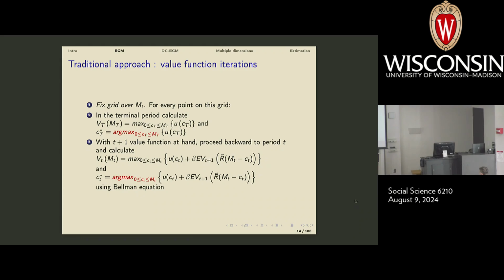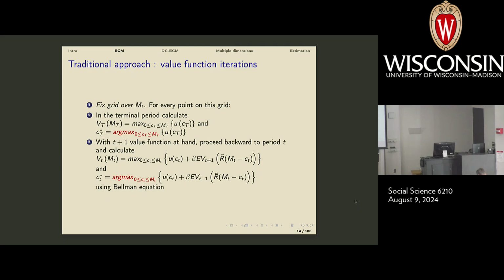Here it's a different story. Here this is wealth, or your resources at the beginning of the period. And you have to consciously decide that, okay, I'm going to bound this M. I'm going to solve the problem up to so many $1 million or whatever. And then I want to put some grid points on M in order to be able to solve the problem on my computer. And then we do the backwards induction, right?